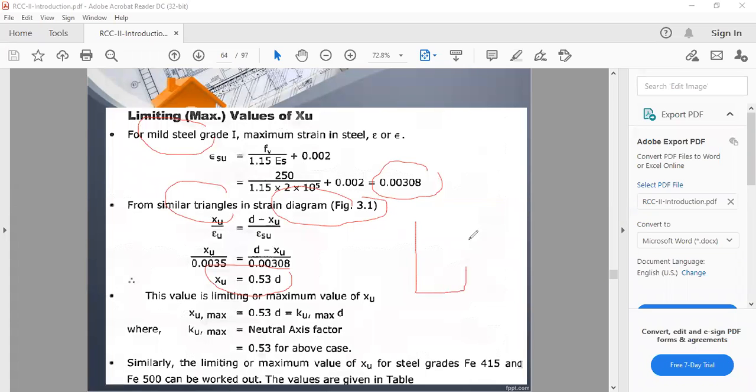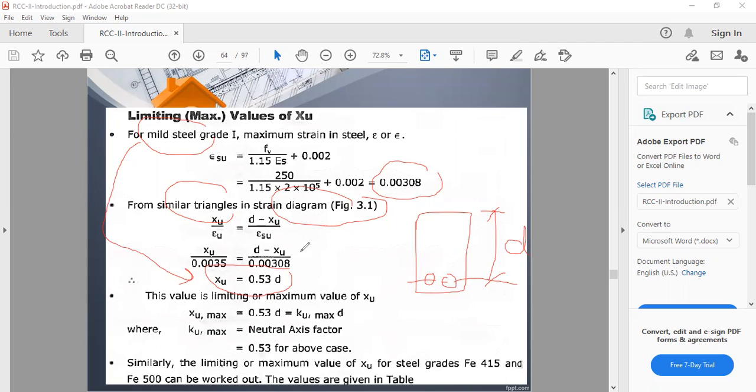If you consider the area Ast, the depth up to this part is called the effective depth. So 0.53 times the effective depth of this cross section of the beam or slab is the limiting maximum value of Xu for mild steel.